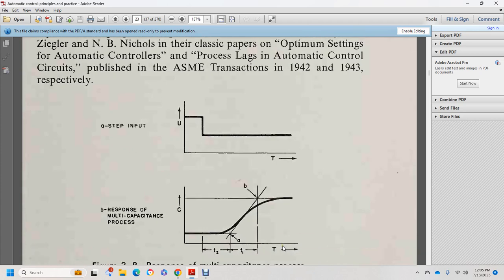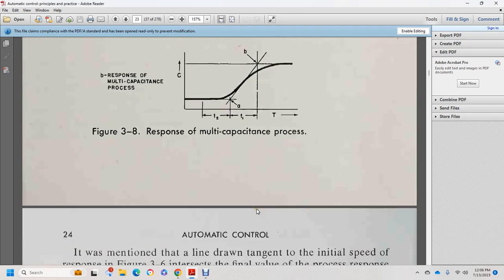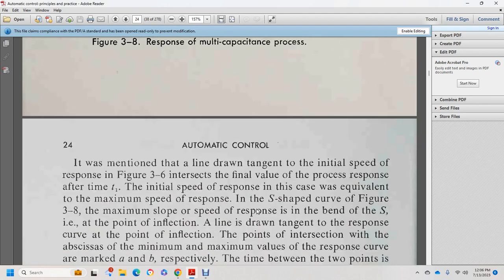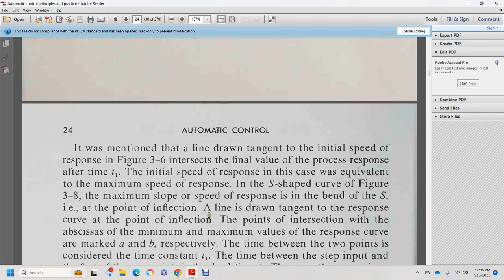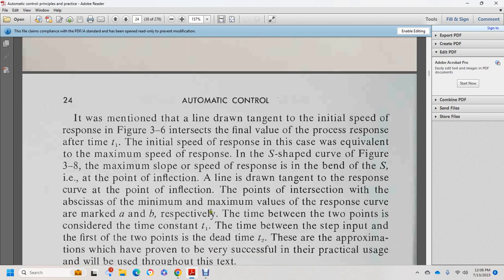So the step input with the magnitude and the change responds with multiple capacities, which can change with the time: dead time, time 1, and then B. It is mentioned that the line drawn tangent with the initial speed of the response intersects the final value of the process response after time 1. The initial speed of the response with the K is equivalent to the maximum speed of the response of the S-shaped curve, figure 3A, with the maximum slope and speed of response, with the bend of this S at the point of inflection.